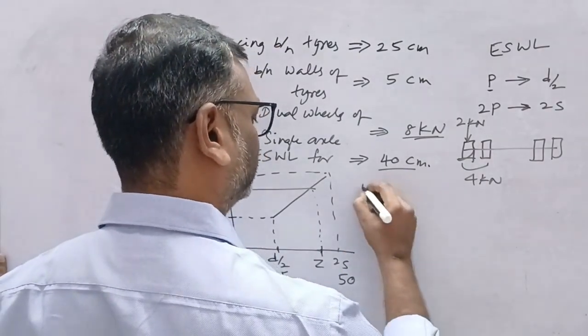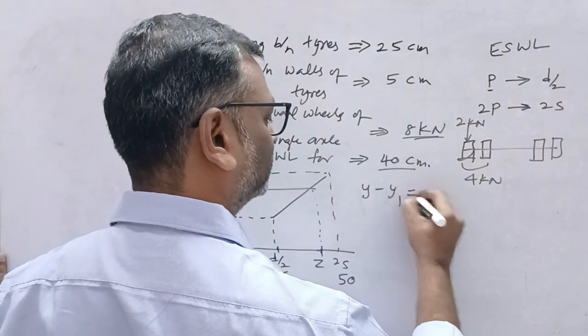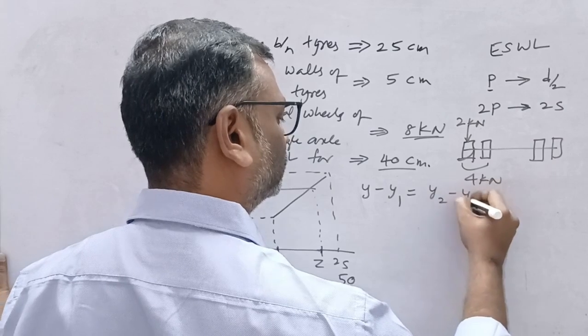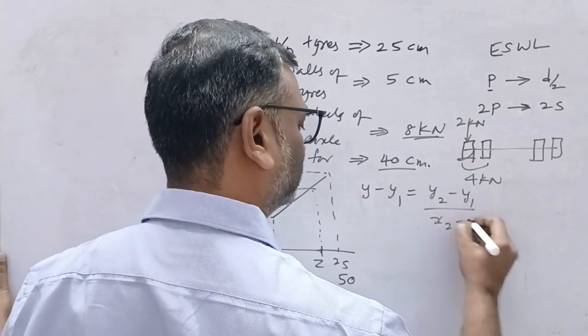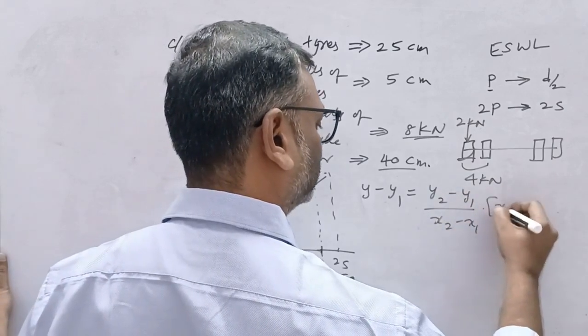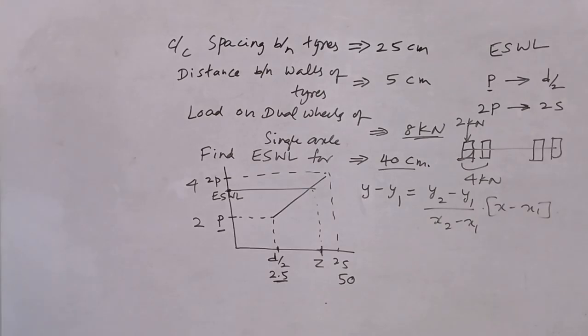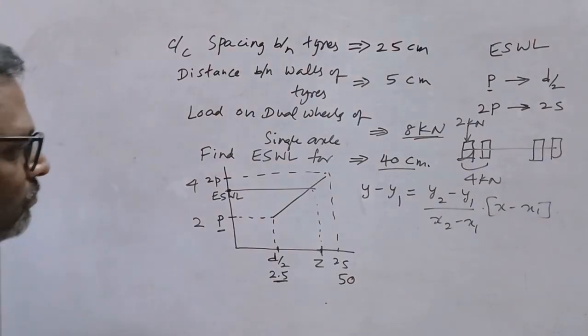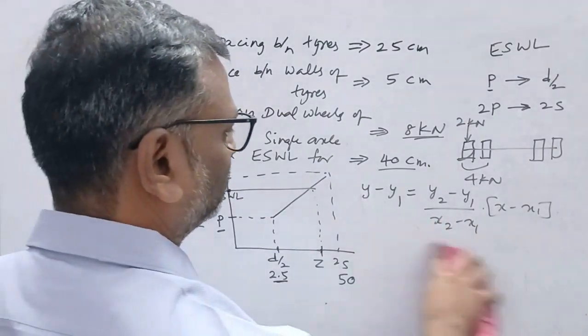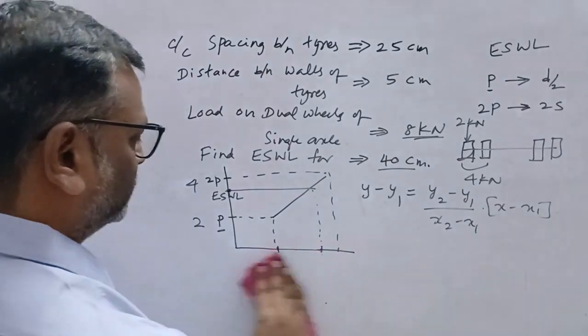We know interpolation: y minus y1 is equal to y2 minus y1 by x2 minus x1 into x minus x1. Then we will use this formula to find ESWL.